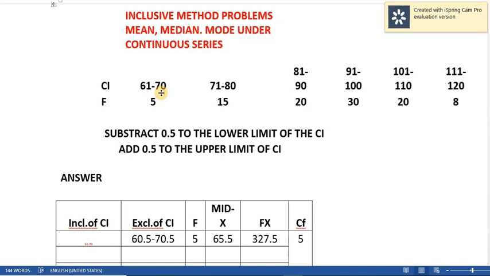Of course, they have given inclusive here, so we can convert it into exclusive. After that we understand what we want to find: mean, median, mode under the continuous series. We have to know the formula of mean, median, mode under the continuous series, and calculate formula-wise, then you will get the answer.